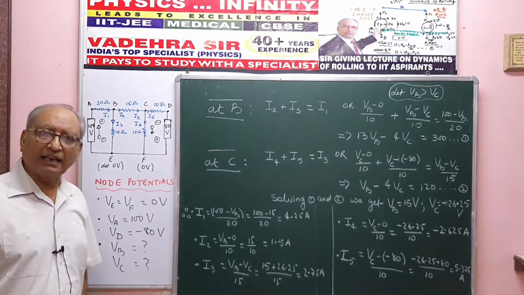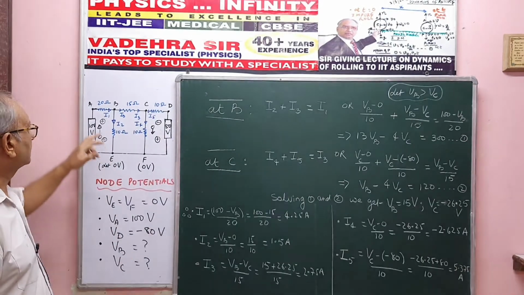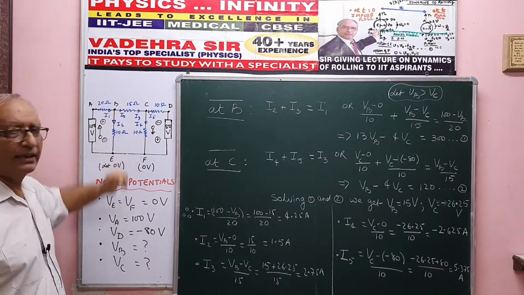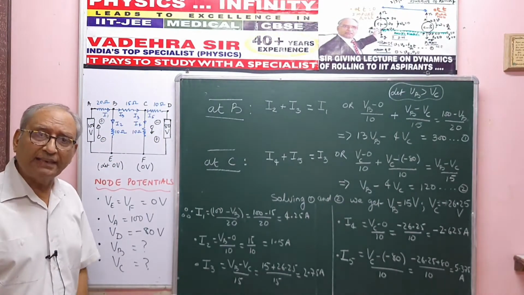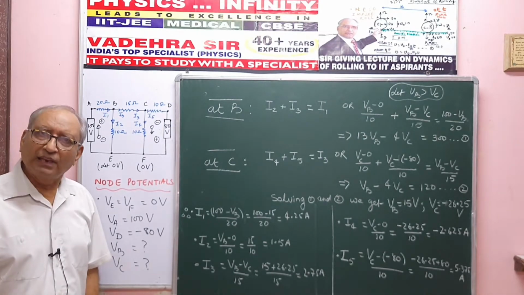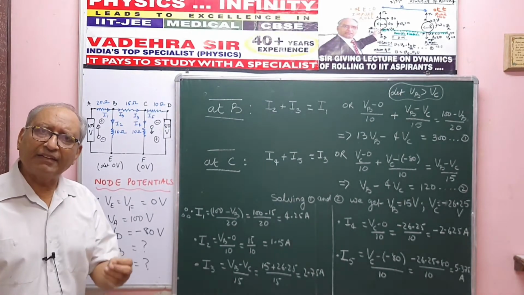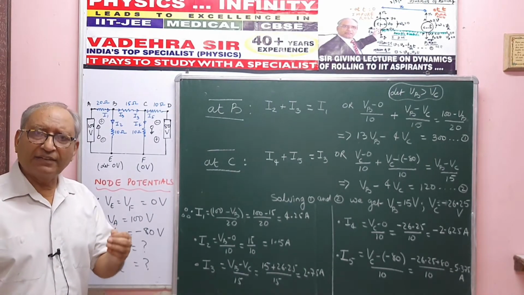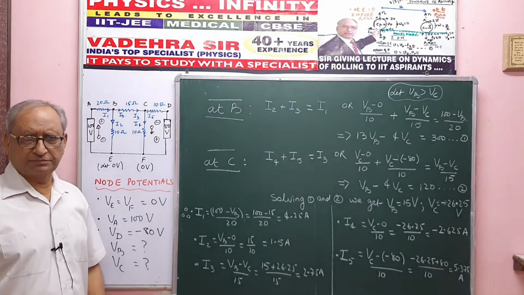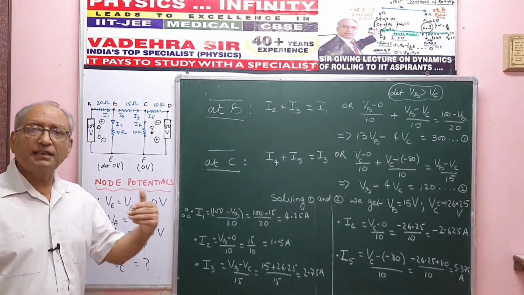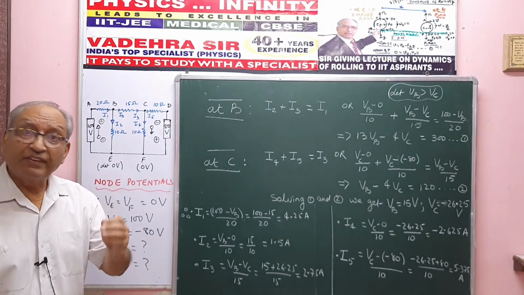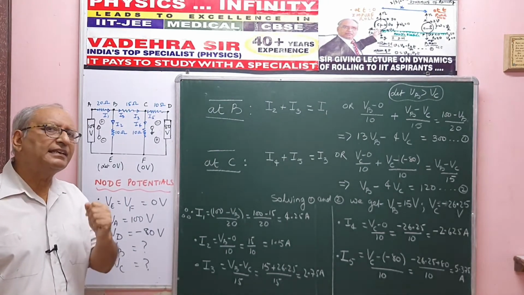We have to find the currents in the different resistors: 20 ohm, 10 ohm, 15 ohm, 10 ohm and 10 ohm. To do that, we make use of nodal analysis, and in nodal analysis we take a reference node and give it a typical value, say 0 volt, and then in the circuit we identify the fixed nodes and the independent nodes.